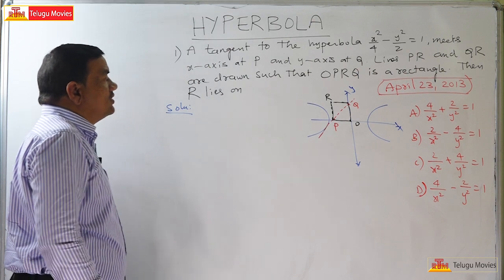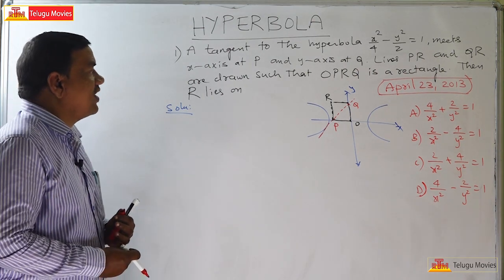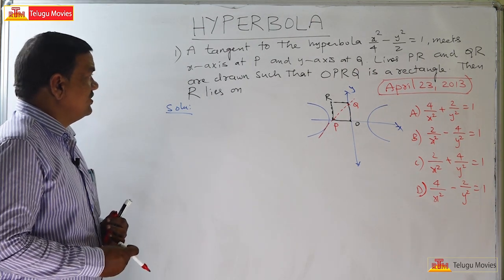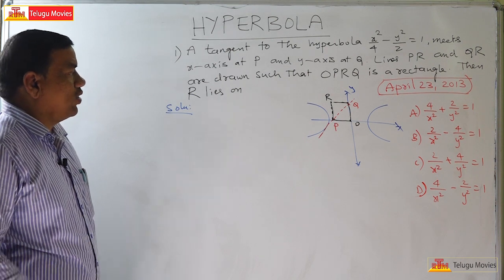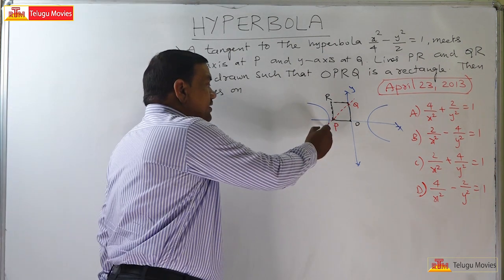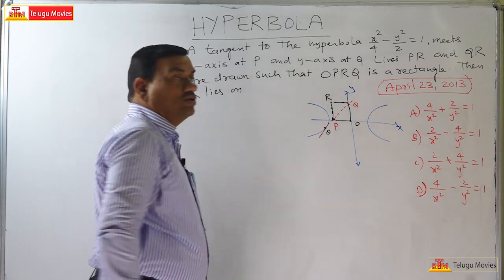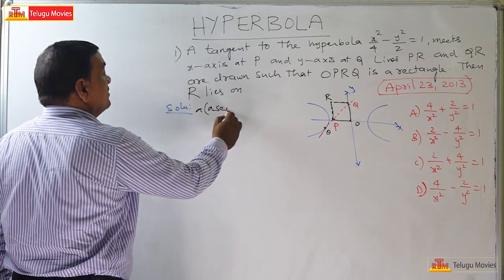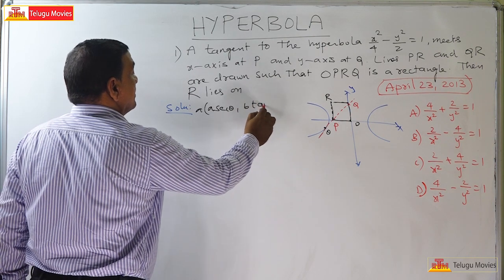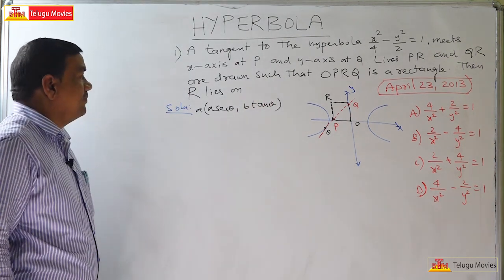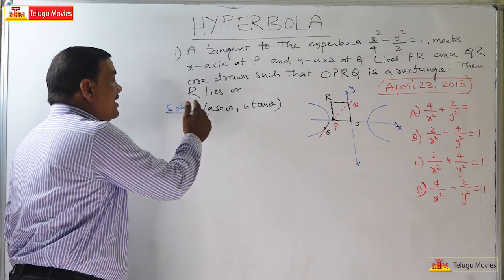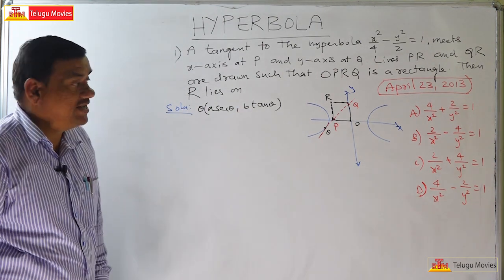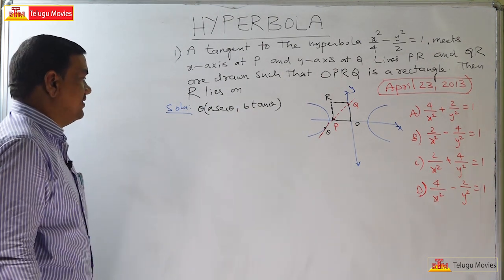Let us see this. First of all, a tangent to the hyperbola. Now we have to take a point theta. Generally we will take let theta be a point on the hyperbola, a secant theta comma b tan theta.